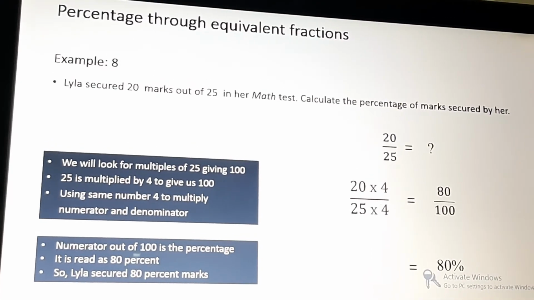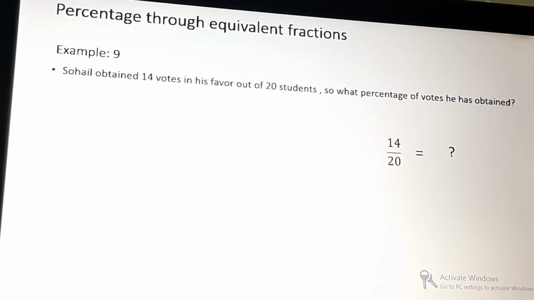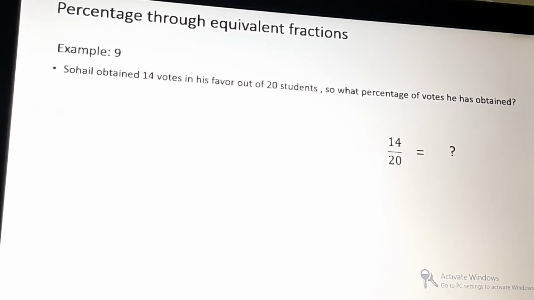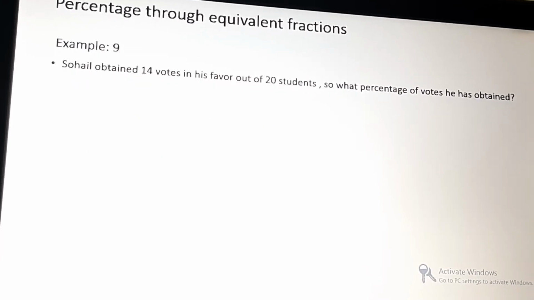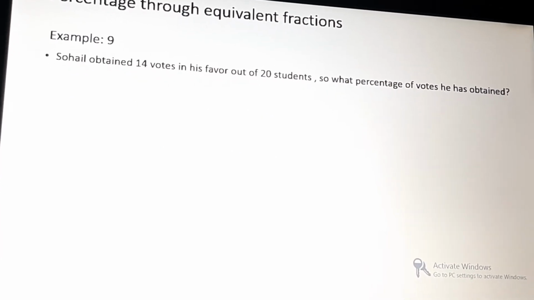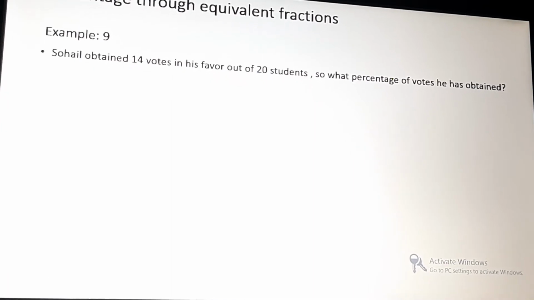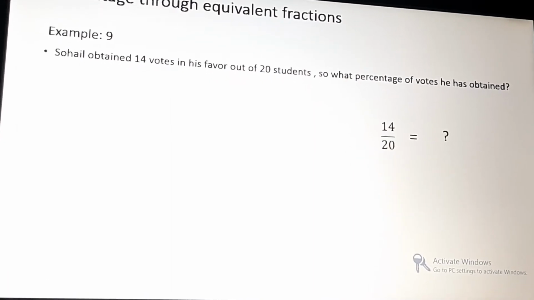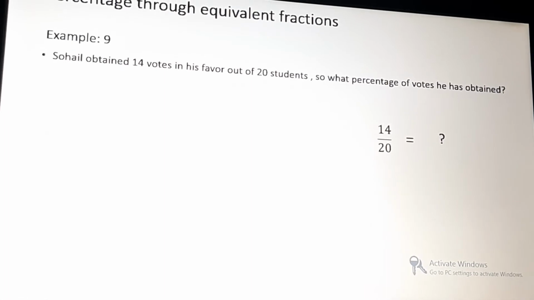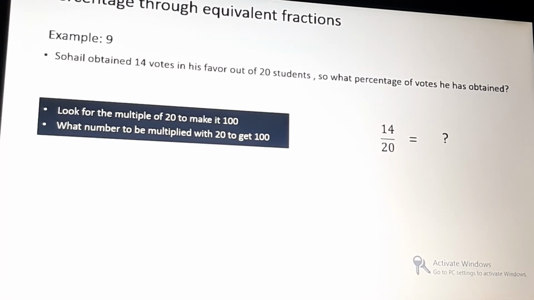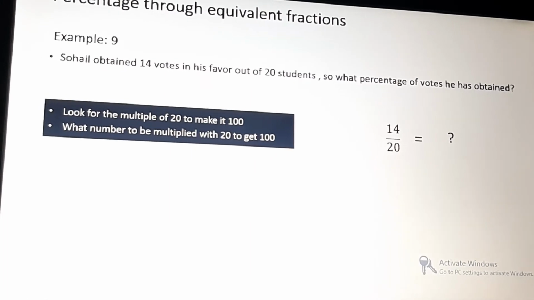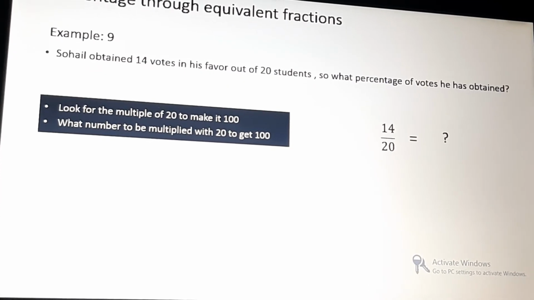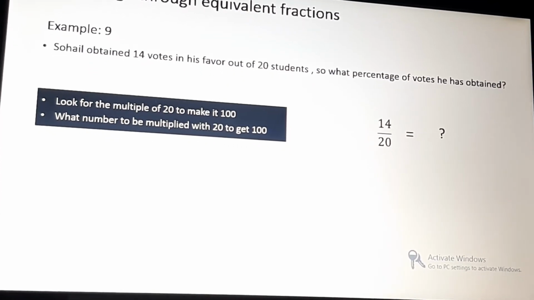Means Lila secured 80% marks in her maths test. Let's do another example. So Sohail obtained 14 votes in his favor out of the 20 students. So what percentage of votes has he obtained? Means 14 votes out of the 20 students, and we have to calculate the percentage. We have to look for the number which when multiplied by 20 gives us 100.